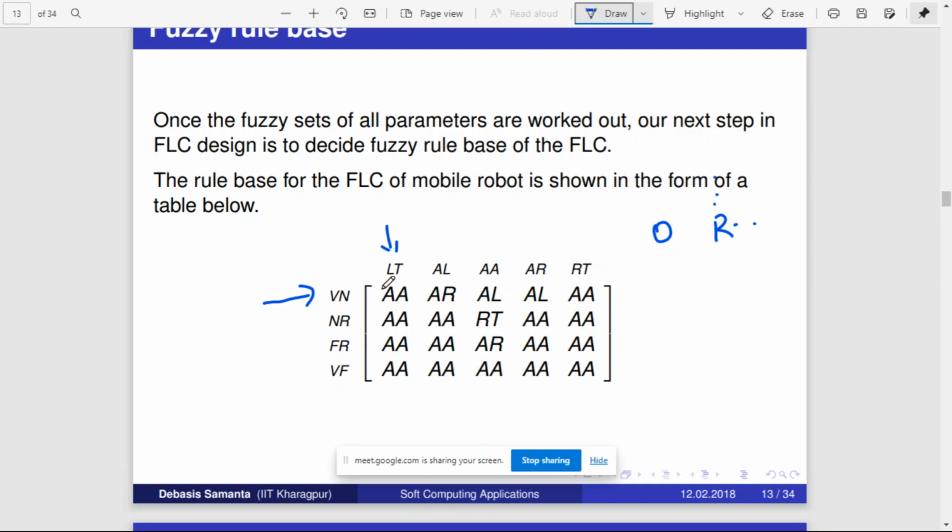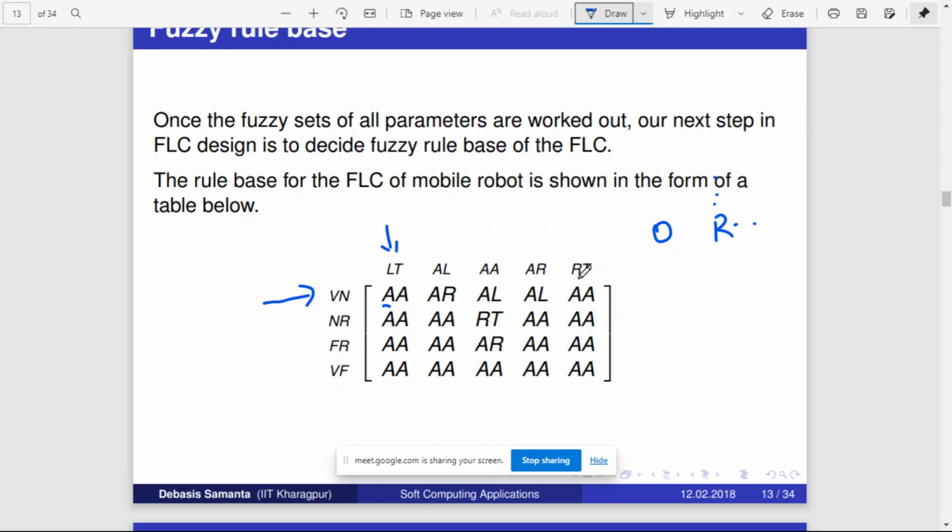That is what it says. Now how this is formed, we are not concerned about this. Let us assume this is given. How this AA comes here, why not AR here, let us not go into that, we are really not working on that. Let us assume this is given like this. So this is the rule.